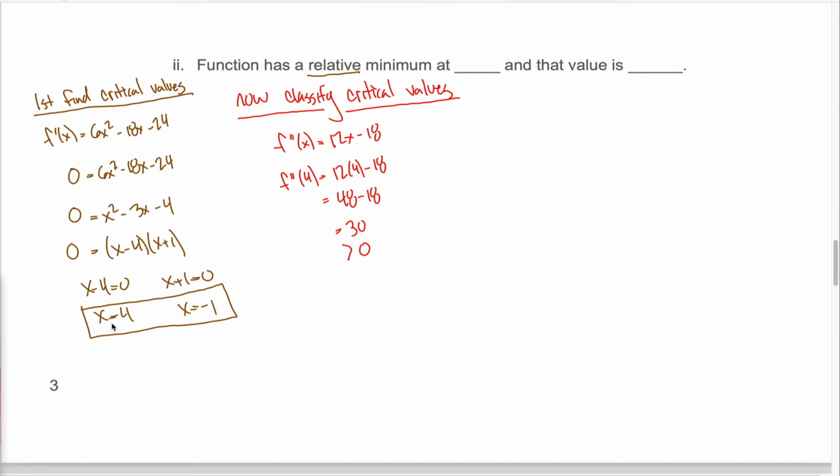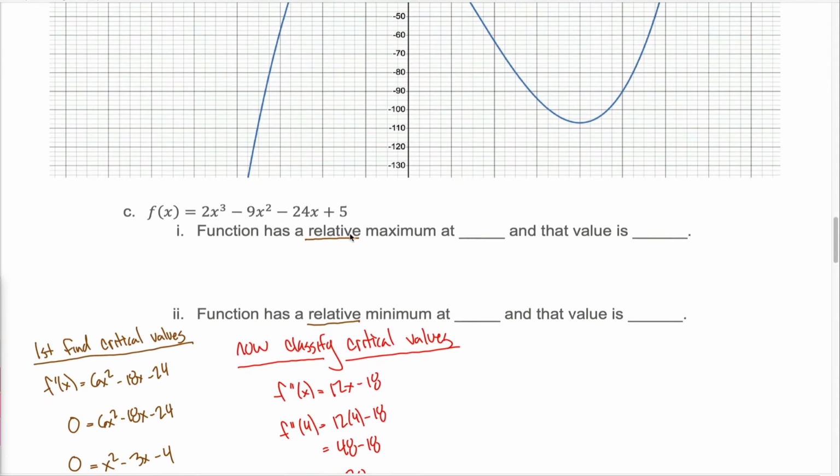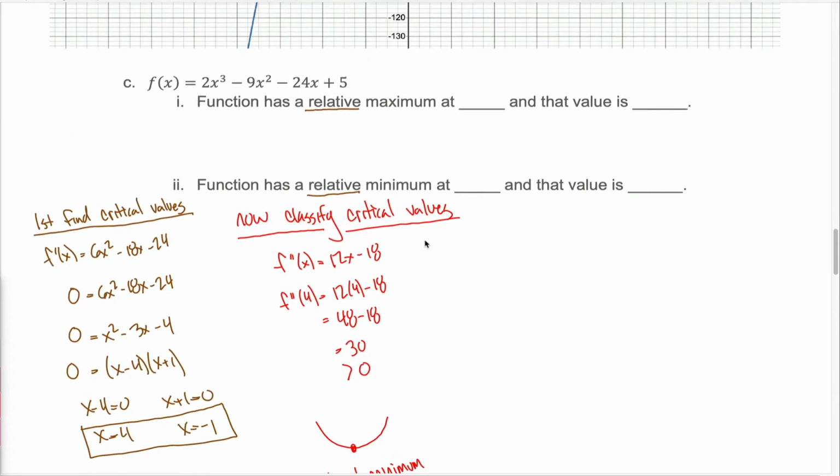You know that the graph is flat at that point, and you know that the graph is concave up. Here's what a graph that's concave up looks like, and here's the point at which a concave up graph is flat. This sure looks like a local minimum to me. What that means is that at this critical value 4, I have a local minimum. So this question about finding the local minimum happens at x equals 4.